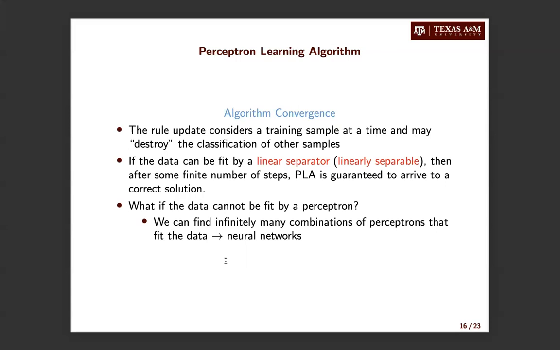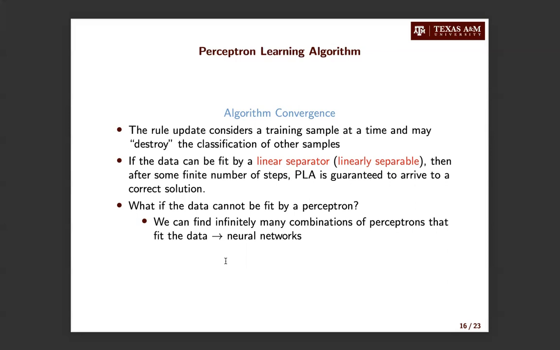So if we have a linearly separable training set, then our algorithm will eventually converge, just because after some finite steps, our algorithm is guaranteed to arrive at a correct solution.